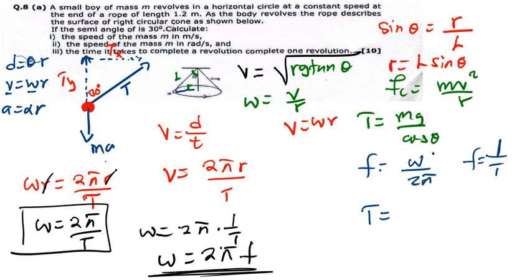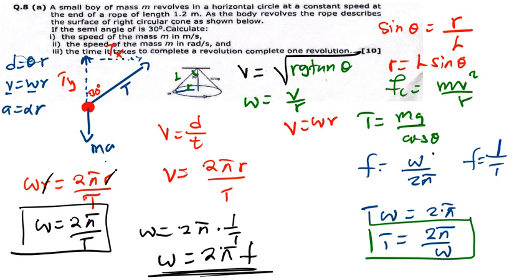If I cross multiply, period times w will be equal to 2 pi, then divide both sides by w, so 2 pi divided by w. That's how I can find the period.